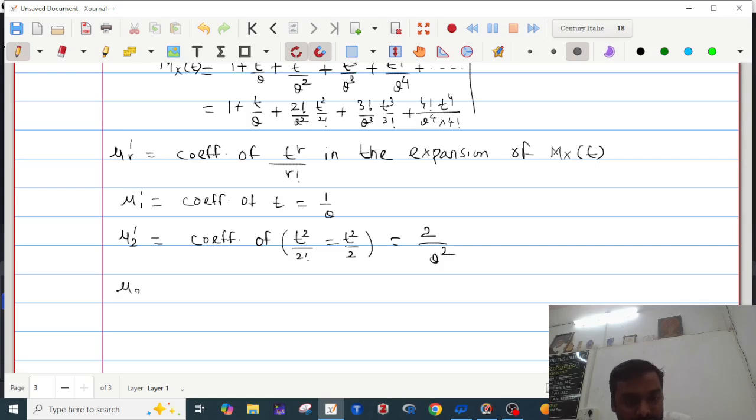Mu 3 dash is the coefficient of t cube upon 3 factorial, which is nothing but 3 factorial upon theta cube, which is 6 upon theta cube.